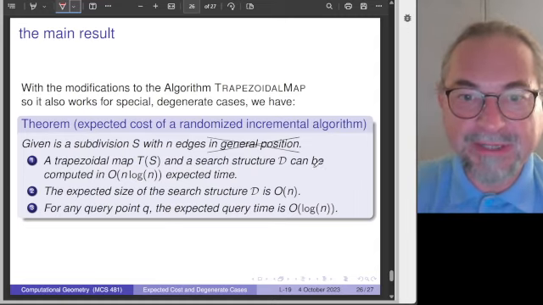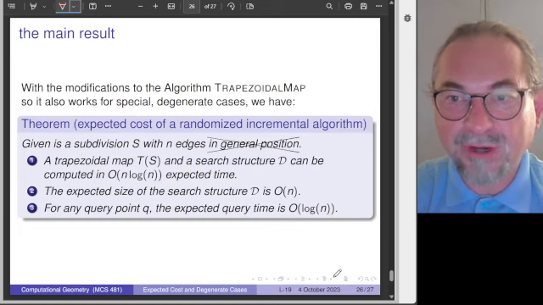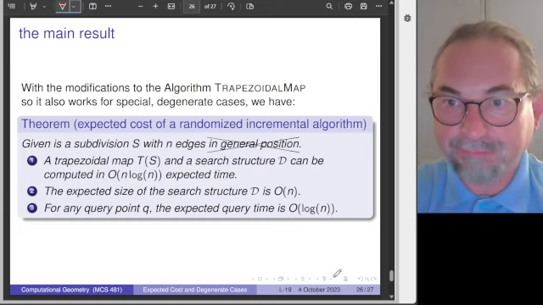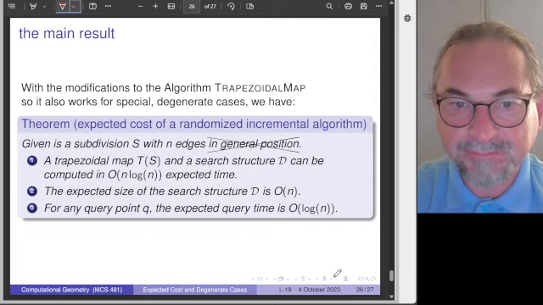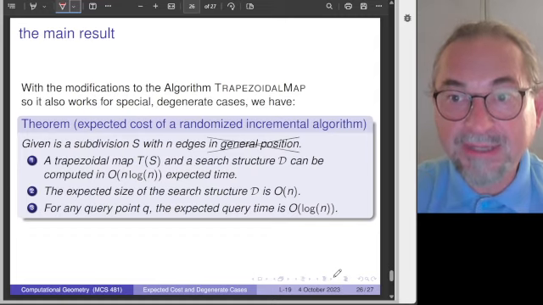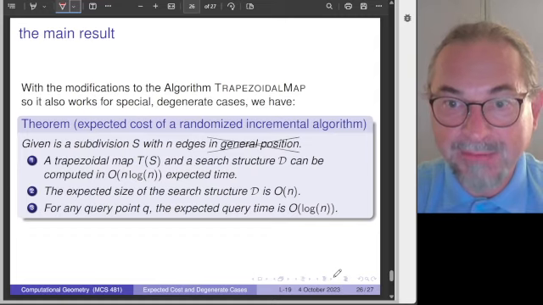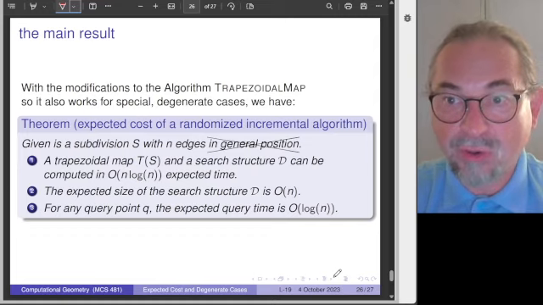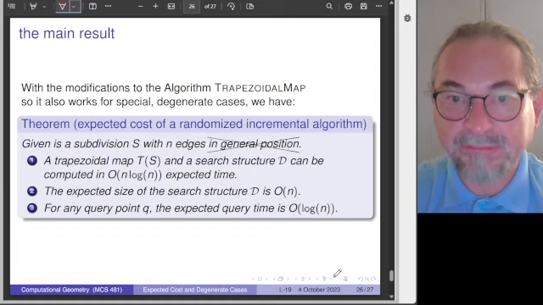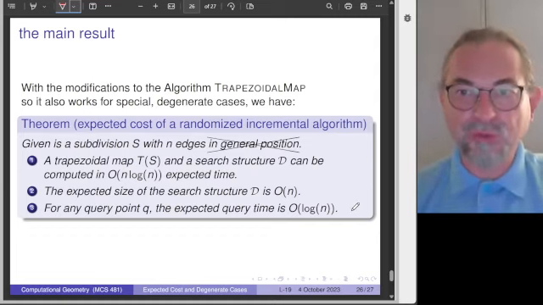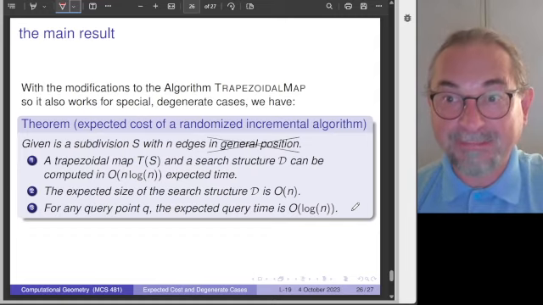The main point here is that we no longer have to rely on general position because of the shear coordinates. So we can determine where we are on the map in quasi-constant time, in logarithmic time. That is the main importance for the users of these electronic maps.